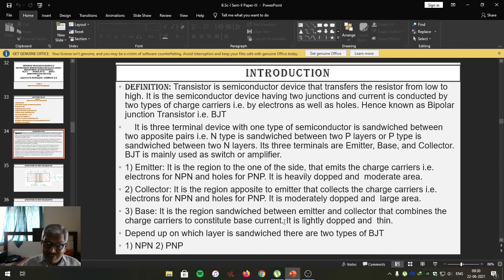When the emitter emits the charge carriers, they have to pass through the base. So we can say it combines the charge carriers emitted by the emitter to constitute the base current. It is lightly doped. Doping concentration is light as far as the base region is concerned, and area wise it is thin.